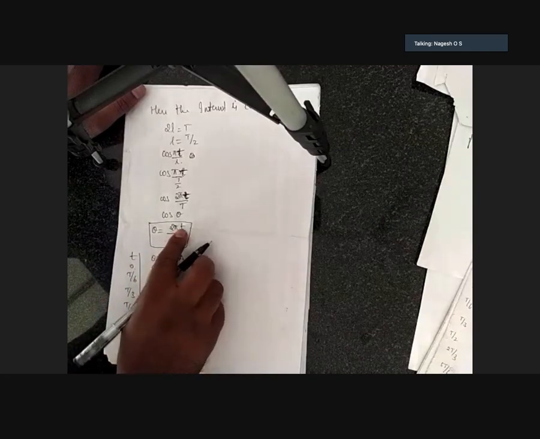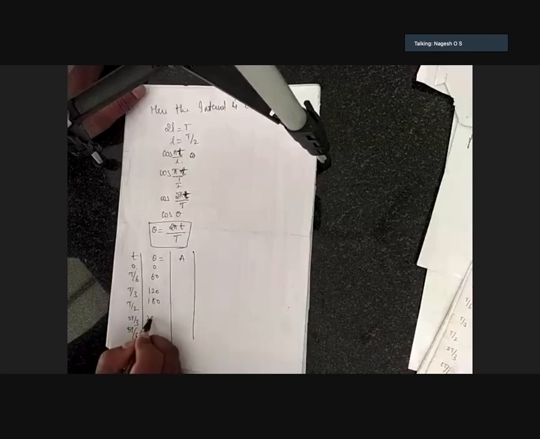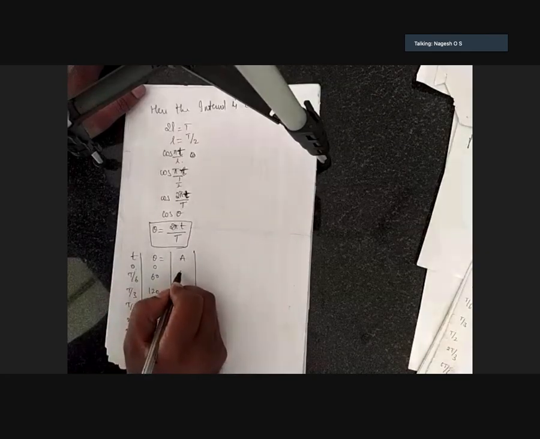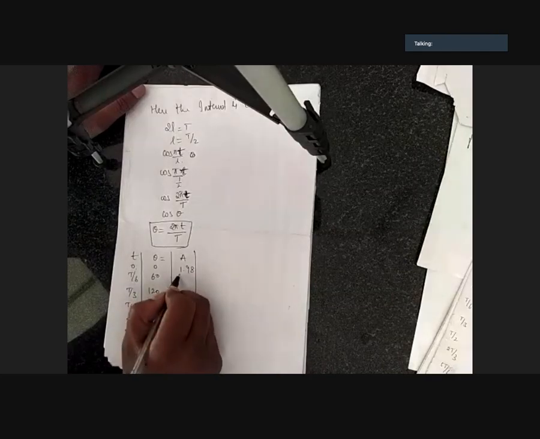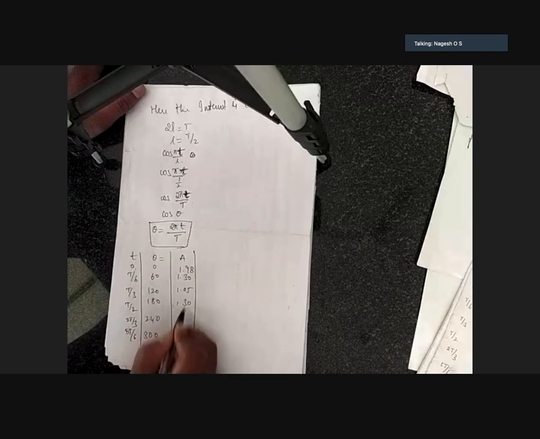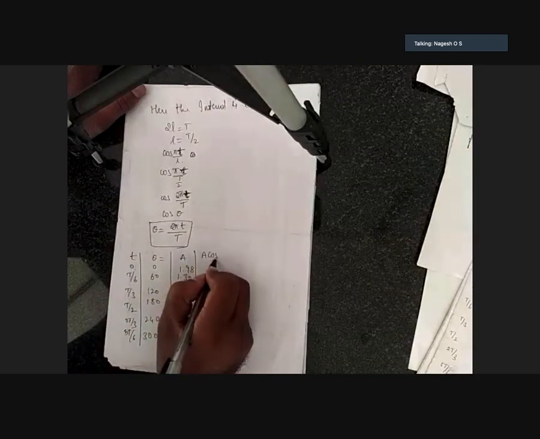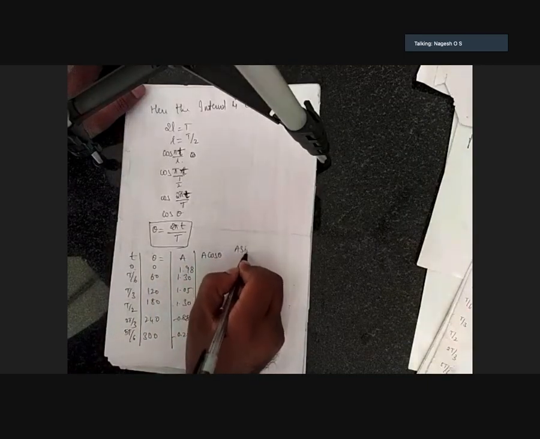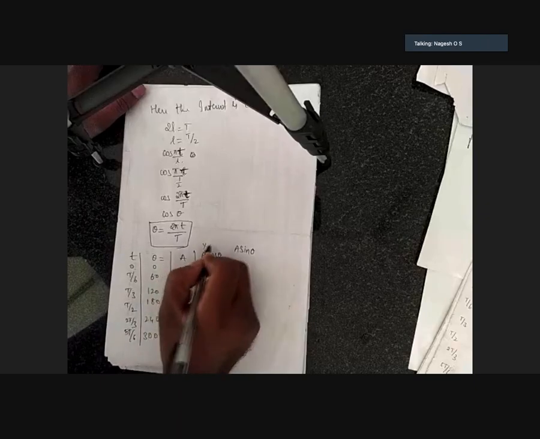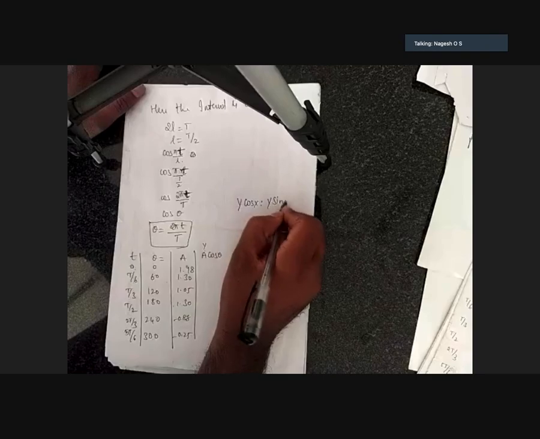If you substitute here, it will become 60, 120, 180, 240, 300. A value, it is given 1.98, 1.30, 1.05, 1.30, minus 0.88, minus 0.25. Find out A cos theta, A sin theta. A is in calc, you take y cos x colon y sin x.